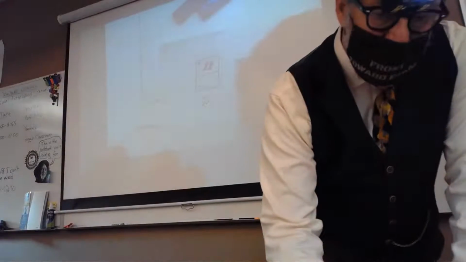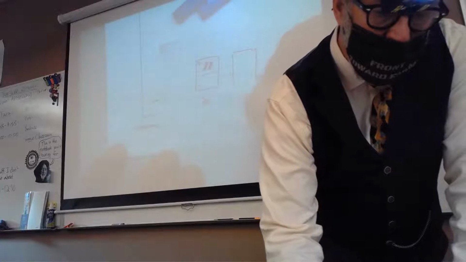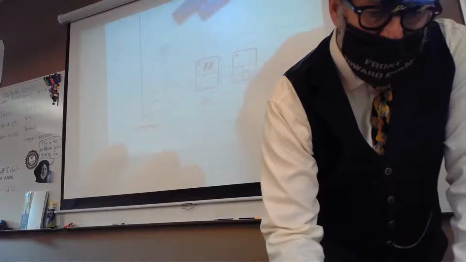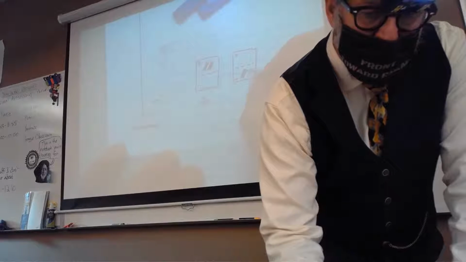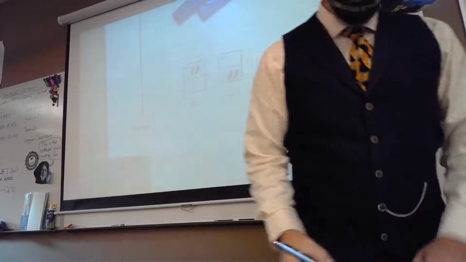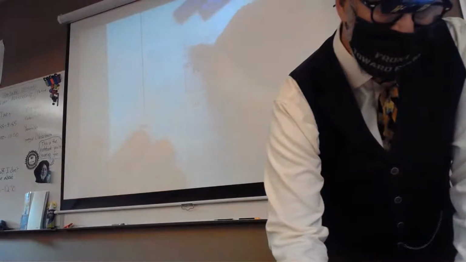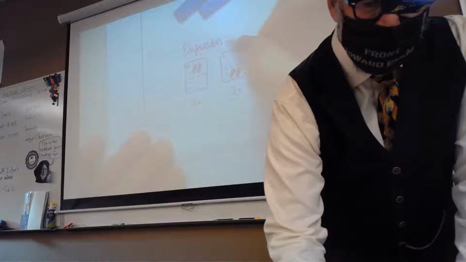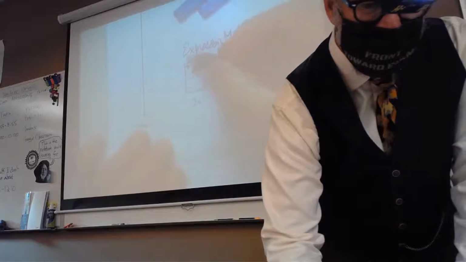And then I want you to draw another one right next to it. And I want you to put two X tiles right here down in the bottom half. And I want you to write minus 2x. Let's title this expression mat.